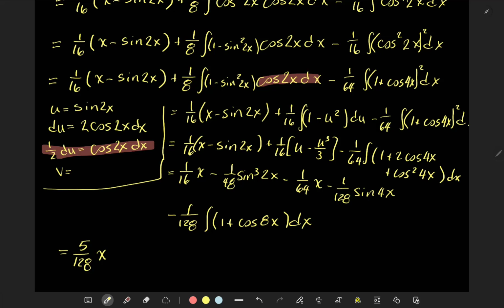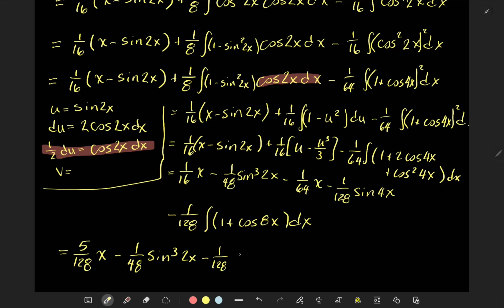All right, and now this one stays alone. So 1/48 of the sine cubed of 2x, minus 1/128.